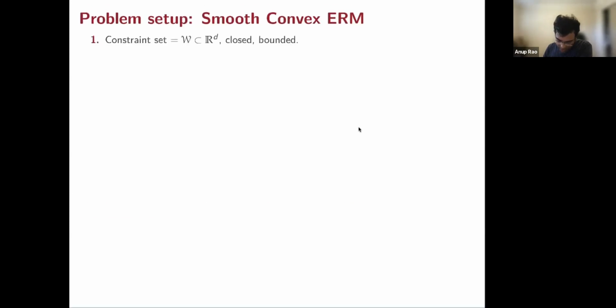And the problem we consider is the following. So we have some model space W. It's closed, bounded, and convex. Let's also assume it's just the full R^d for this talk. And we have n data points to begin with.